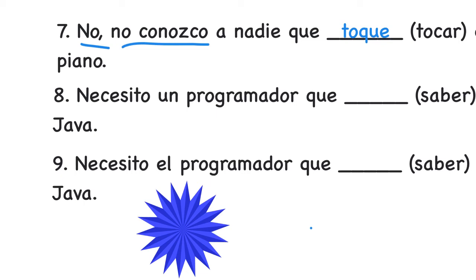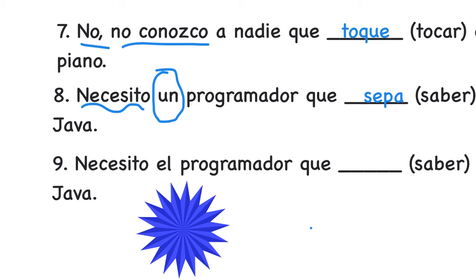Okay, what about the next sentence? Necesito un programador que saber Java. Okay, we do have necesito, necesitar, which could mean that this is a sentence in the subjunctive. We have an indefinite article, un programador. Therefore, that tells us that we're going to conjugate it in the subjunctive. Necesito un programador que sepa Java. Now, the last sentence is exactly the same as the previous sentence.